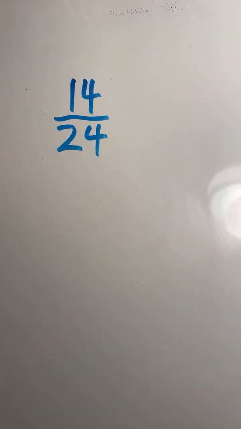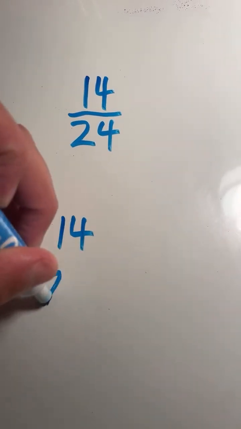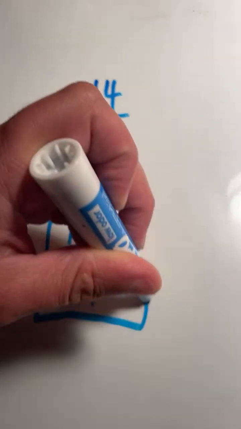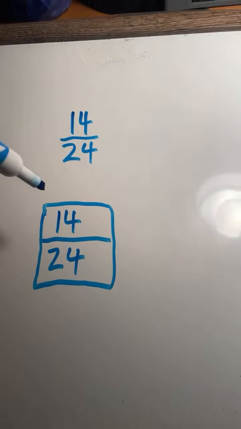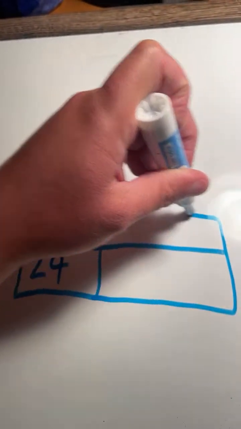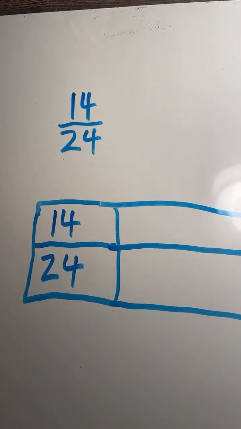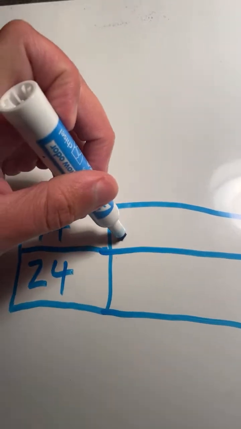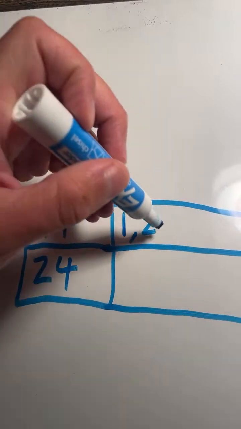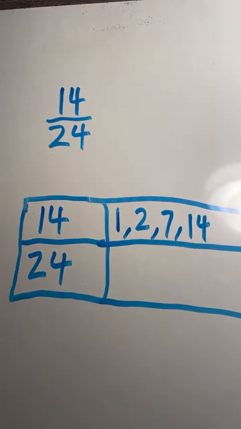So 14/24ths, we have to reduce that to lowest terms. So I'm going to write all the factors of 14 and all the factors of 24. So our factors of 14, we have 1, we have 2, we have 7, and we have 14.